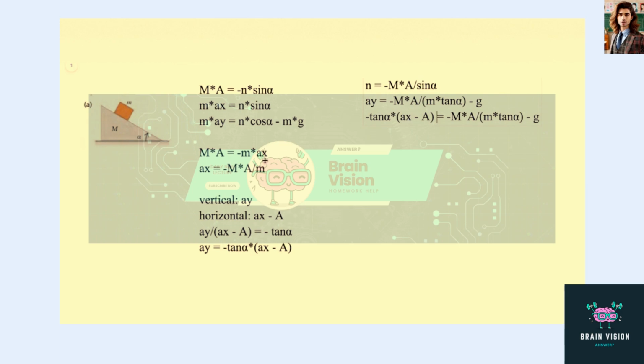Now, finally, here's where I'm really going to use this one, where ax is equal to minus capital M, capital A over m. If I plug that in here, my strategy right now is to solve for capital A. So I'm trying to plug in as many things to this to get capital A alone as I can. So now when I plugged in for ax, I have all of these terms, and they're all in terms of just capital A. There's no ax or ay.